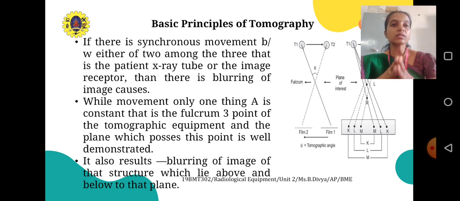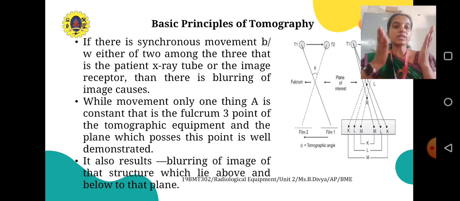If there is a synchronized movement between either of two among the three, that is the patient, X-ray tube or the image receptor, then there is a blurring of the image.